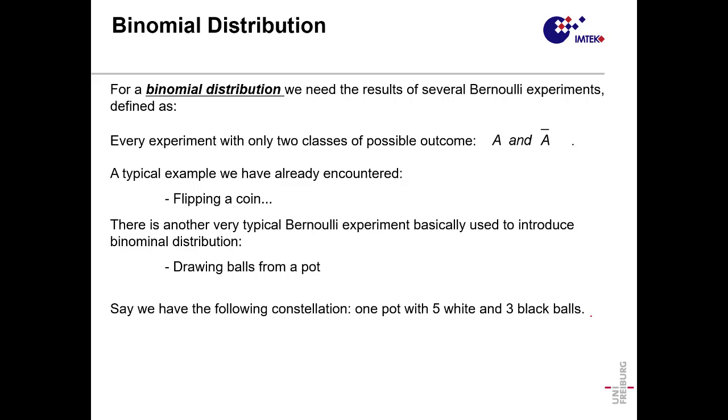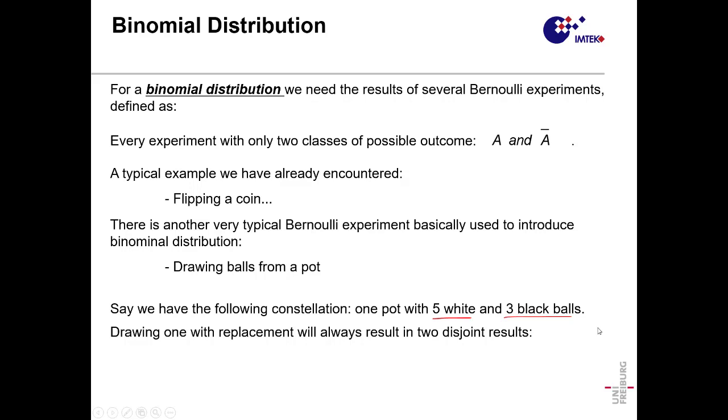So for example, let's say that you have one pot with 5 white balls and 3 black balls. You draw one, see the color, and put it back. Every time you draw one ball from this pot is independent from the previous one, because you throw it back and shake the pot so you don't always get the same.